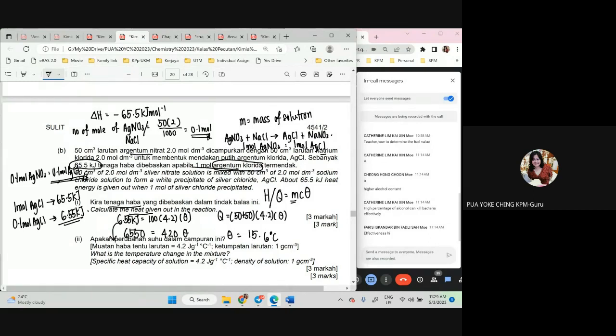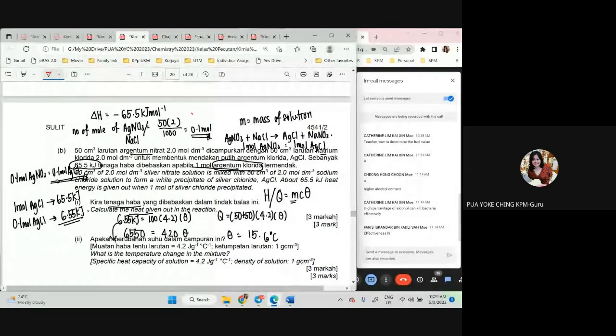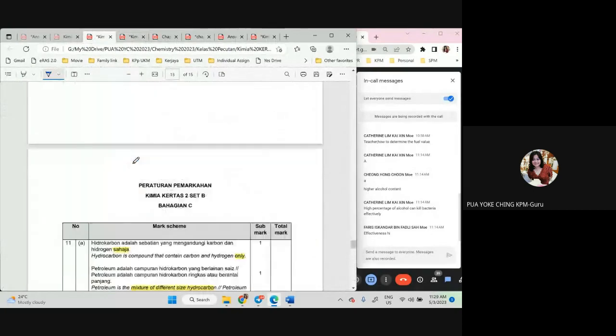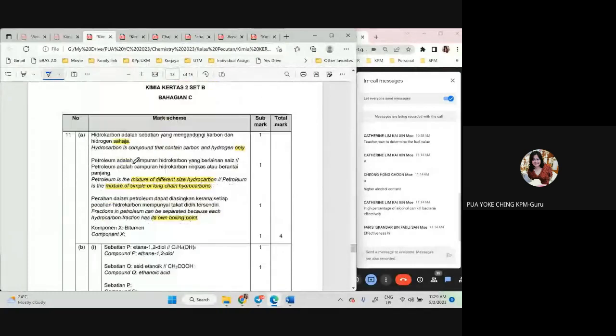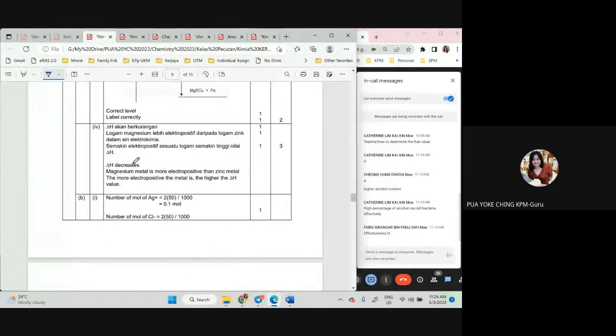Okay. Cuma cikgu nak pesan, apa yang sentiasa you terlupa ialah actually this part. Ini ialah from soalan. But the mole of AgCl bukan terus you need to do the ratio. That's why 3 marks here banyak. Just check the answer scheme. Okay.